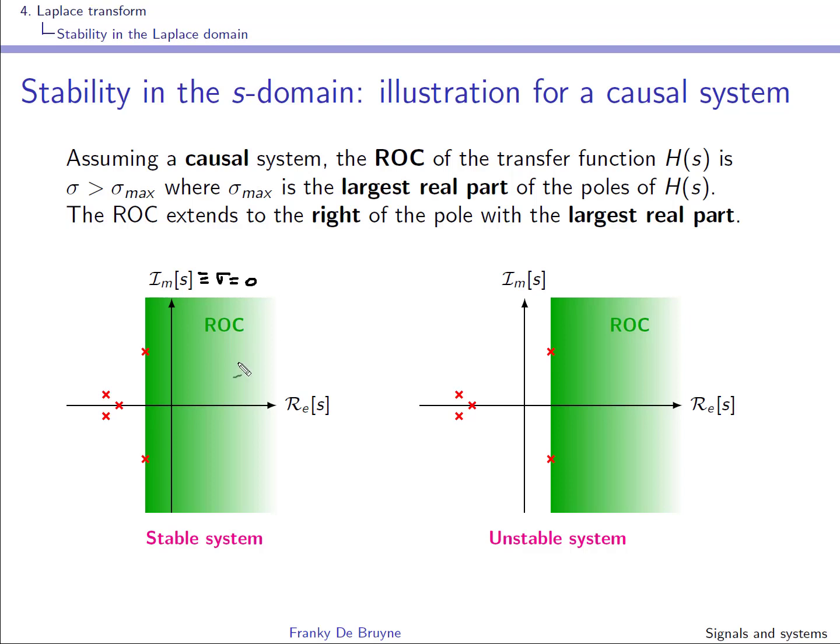right? So in this case, the system will be stable, and we can see here that all the poles are to the left of the imaginary axis. If the system has poles to the right of the imaginary axis, the region of convergence will be to the right of these poles, and obviously it will not contain sigma equal to 0, which is also the imaginary axis, and by definition the system will be unstable.